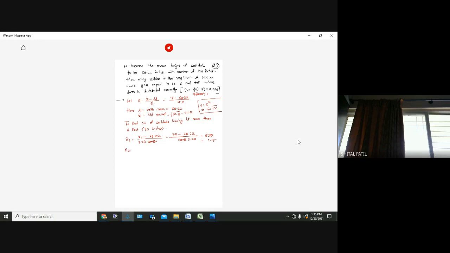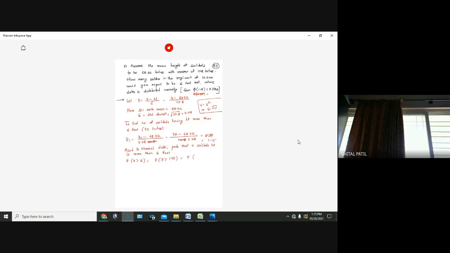Now, according to normal distribution, probability that a soldier's height is more than 6 feet. Okay, so probability of x greater than 6 is probability of z greater than 1.15.